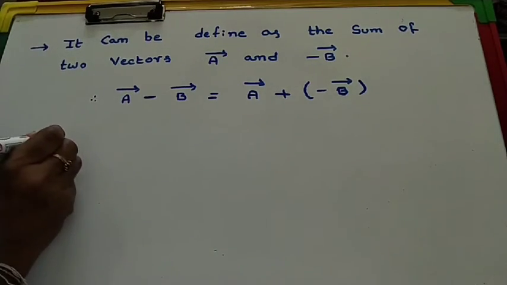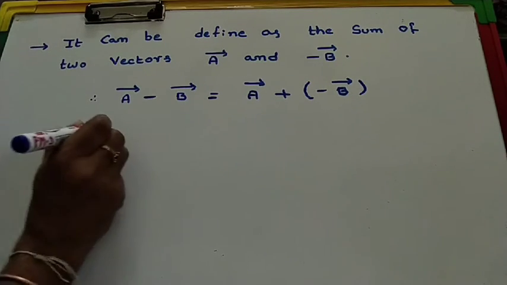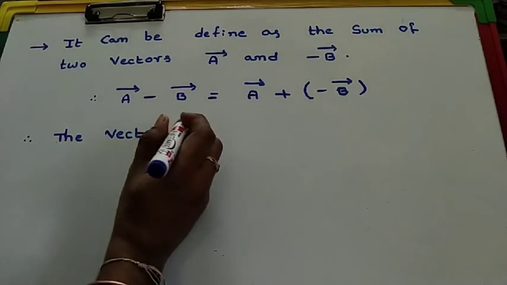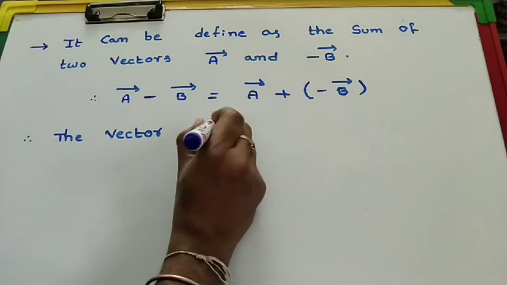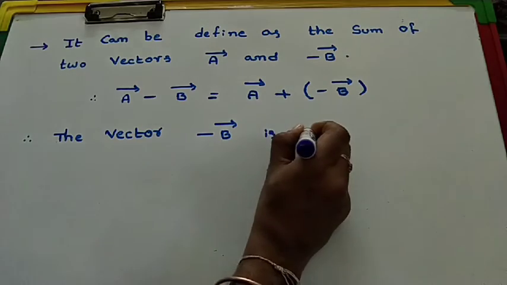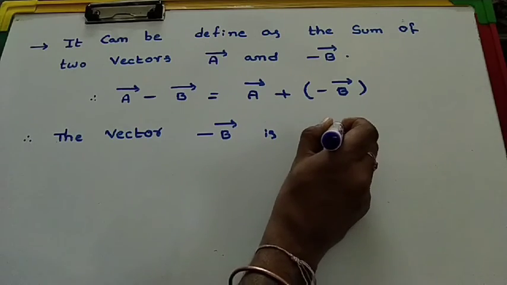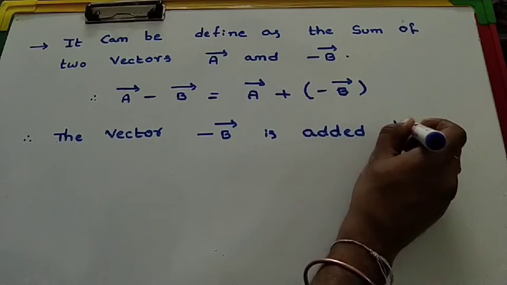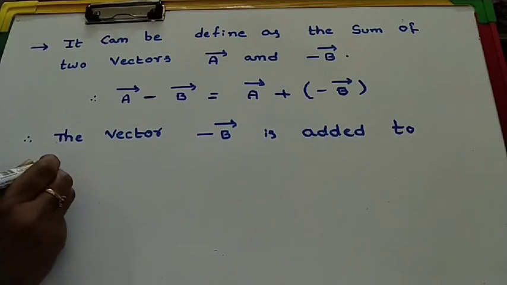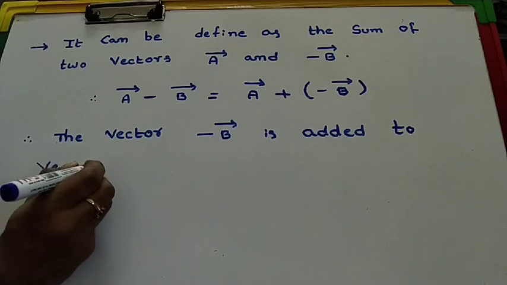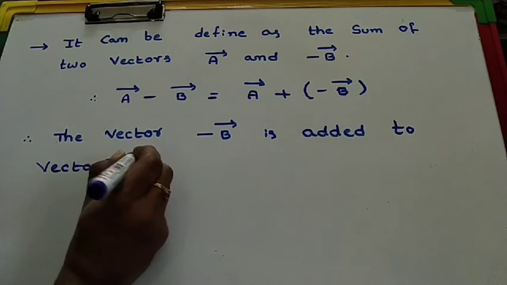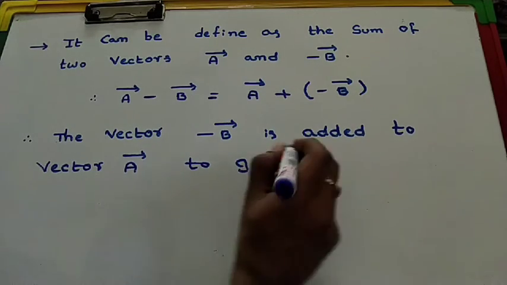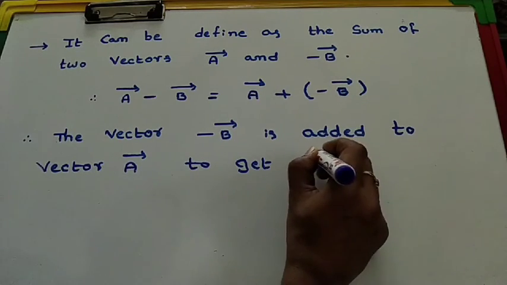Therefore, the vector minus B is added to vector A to get a single vector, that is R2 vector.